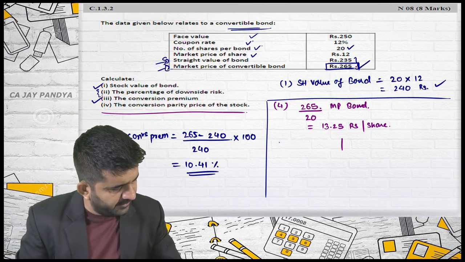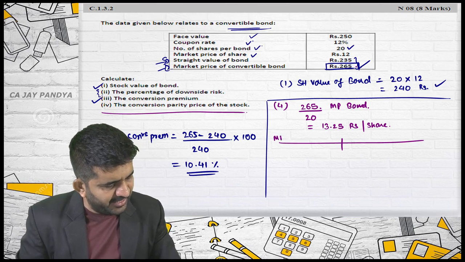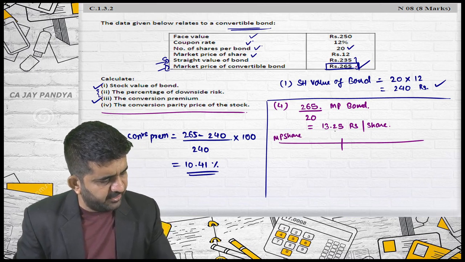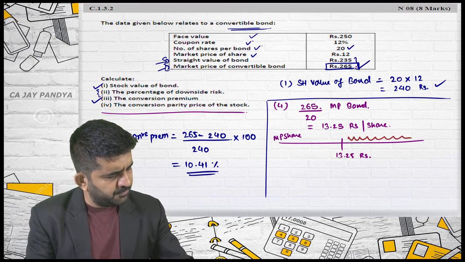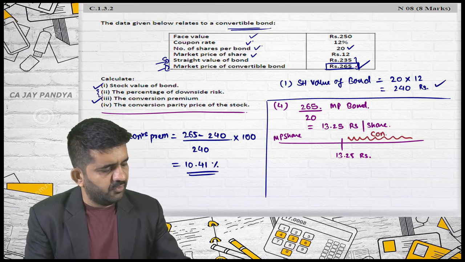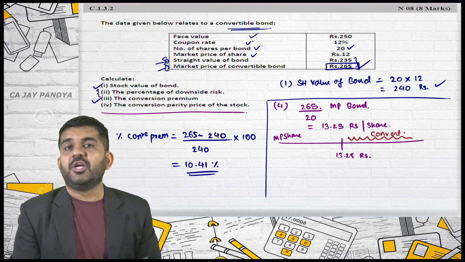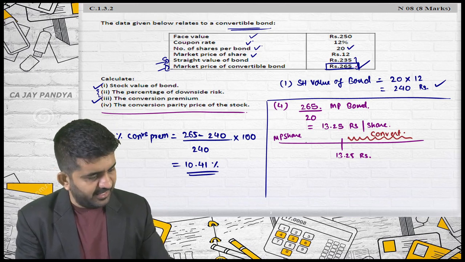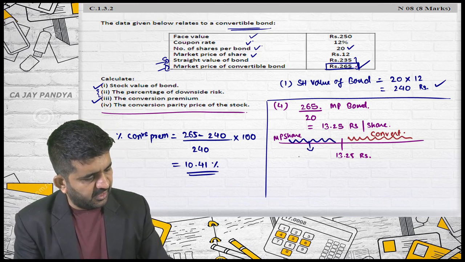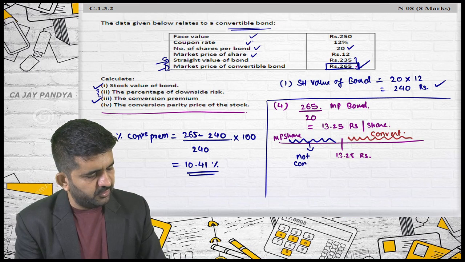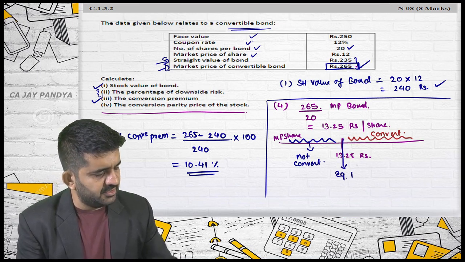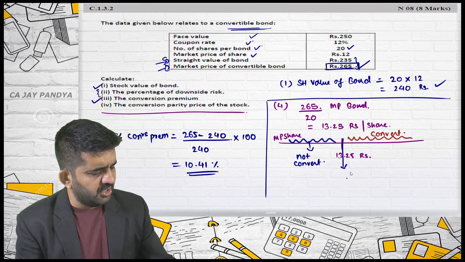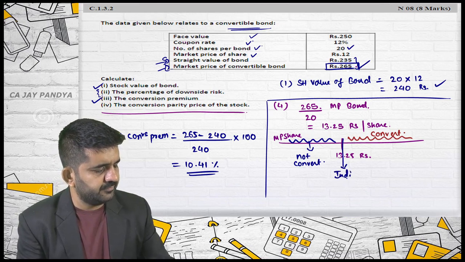Try to understand. This timeline is for the market price of the share. This is 13.25 rupees. In this region, I will convert my bond into shares. At this region, I will not convert. And this price is not termed as equilibrium, but indifferent.